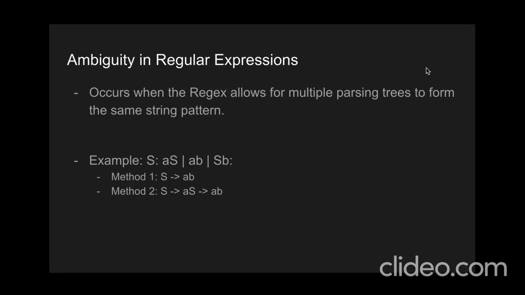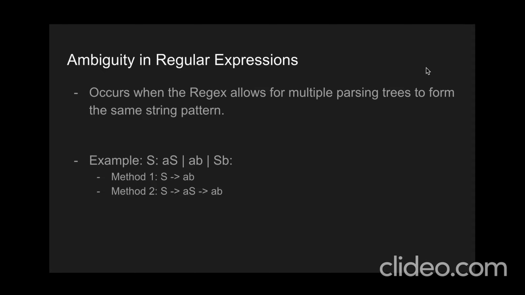Regular expressions unfortunately can have a bit of ambiguity in them. This occurs when there are multiple parsing trees or multiple derivation trees to reach the same string. An example can be seen in the slide. We have the regular expression S gives AS or AB or SB.